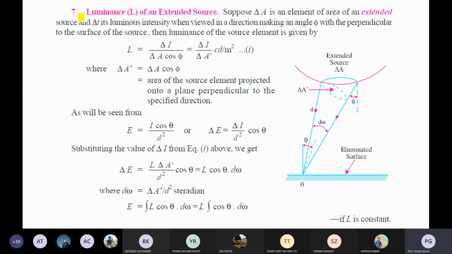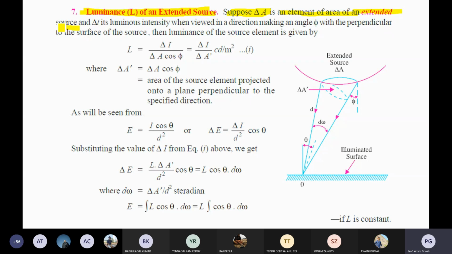The next point is the transmittance of an illuminated diffuse reflecting surface. It is defined as the ratio of the total luminous flux transmitted by it to the total flux incident on it. How much flux is transmitted and how much is incident, you get from that.